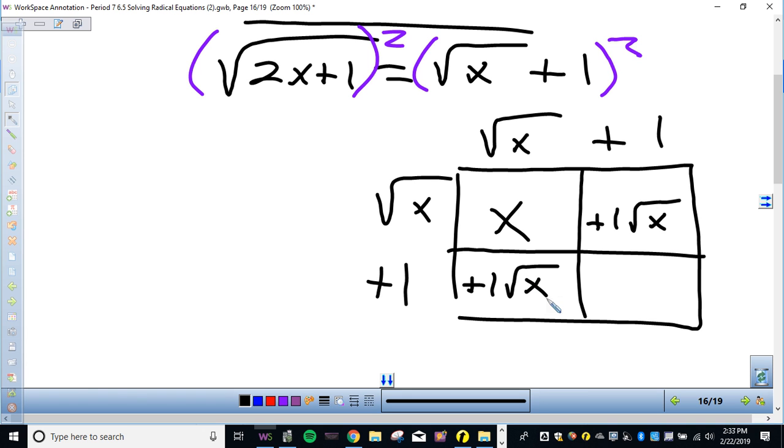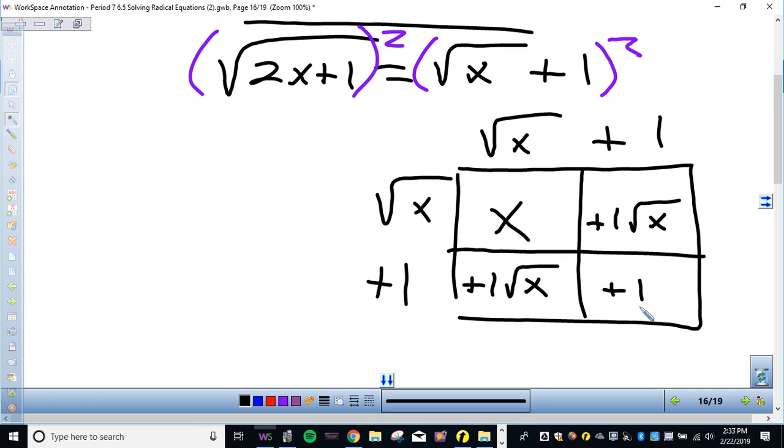It just helps because then you see that it's 2 square root of x. And then 1 times 1 is 1. One times 1? Because we're multiplying, not adding. That's all. It's okay to ask.